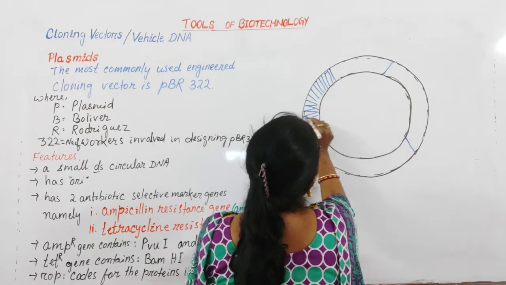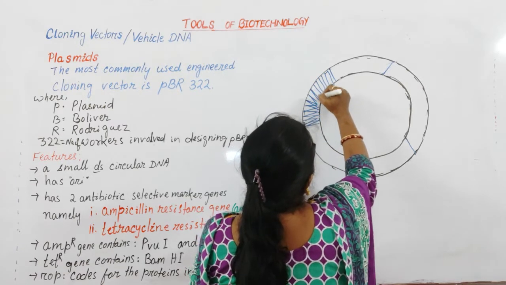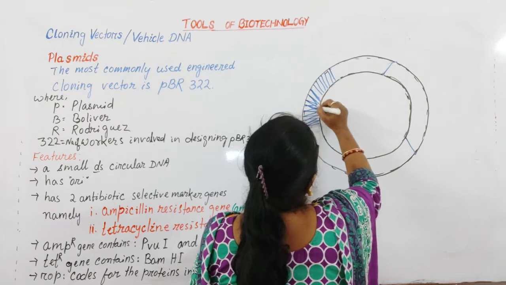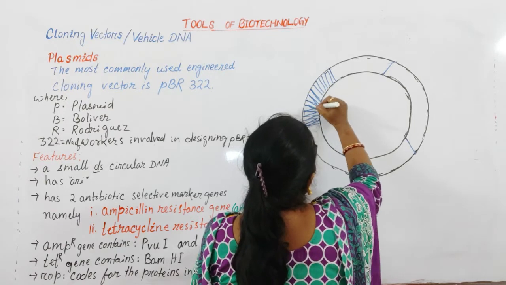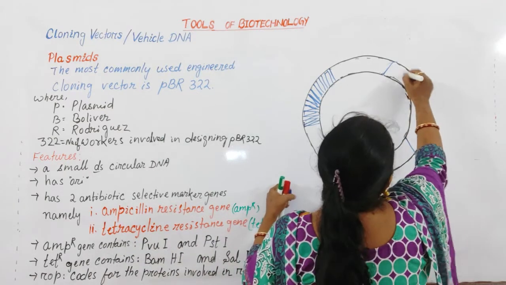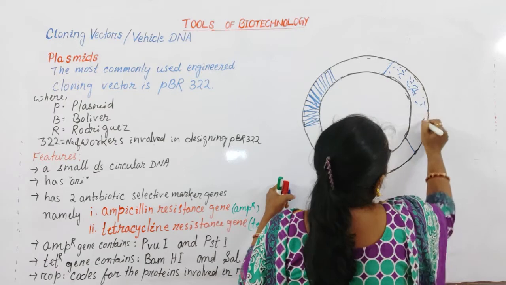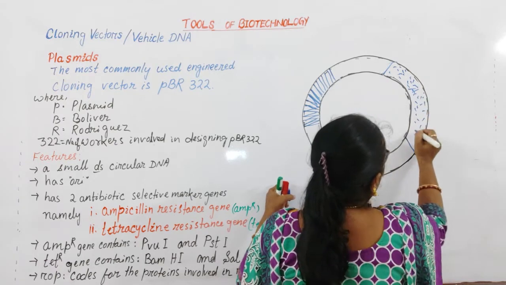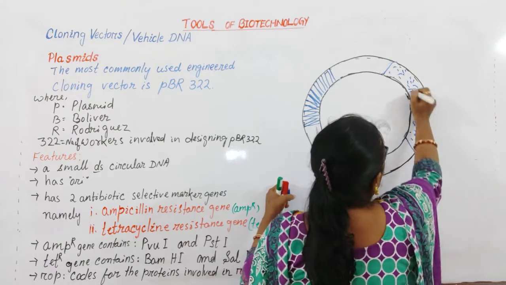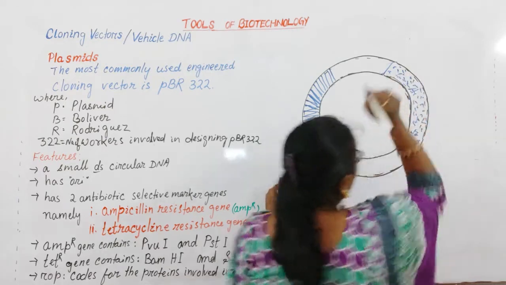The ampicillin resistance gene is placed over here. Then another part is tetracycline.